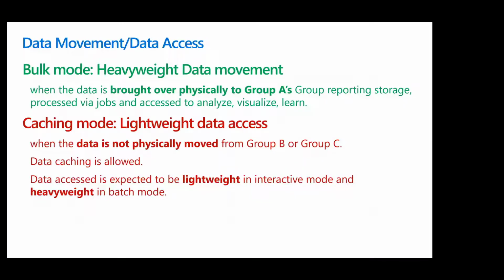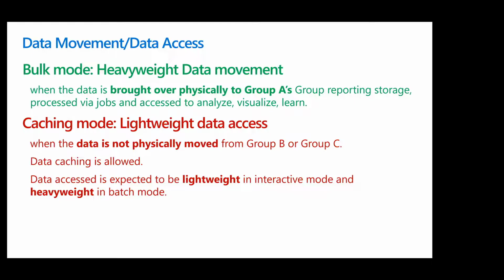So before addressing these different scenarios, what I thought of is to segregate what is a difficult area to address from something that is simple and has already been done all over. So data movement or data access, I've separated it as bulk mode and cache mode.